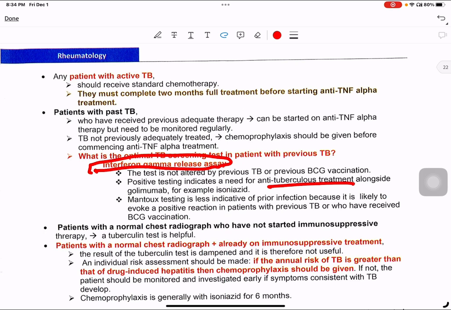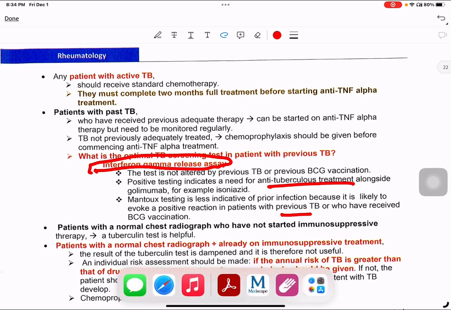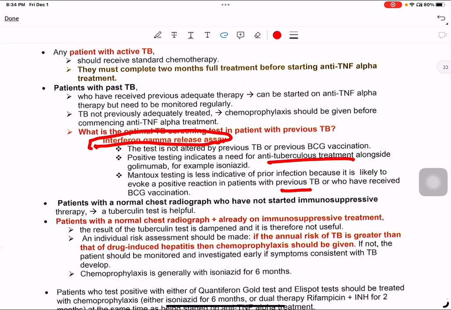The Mantoux test is less indicative for prior infection because it is likely to evoke a positive reaction in patients with previous TB or previous BCG vaccination. In a patient with a normal chest X-ray who has not started immunosuppressive therapy, a tuberculin test may be helpful.